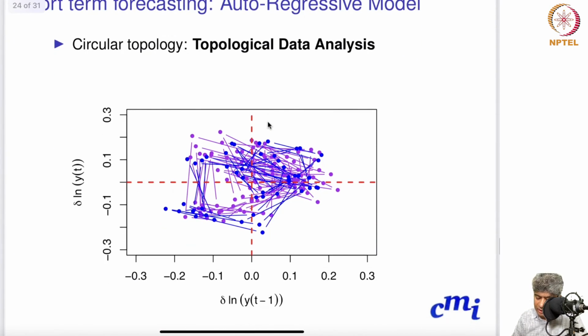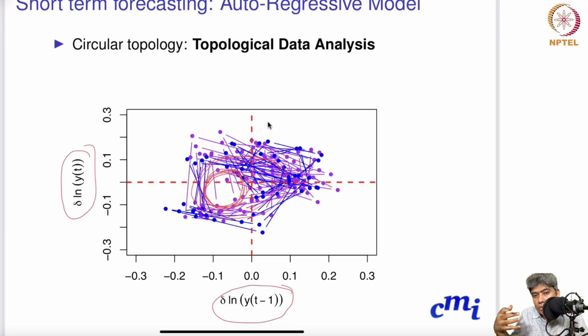And then here what I have done, I have plotted the delta log yt minus 1 and delta log yt. And what we are finding is there is a circular hole in the data. This effectively shows how the seasonality is affecting it, there is still decent seasonality, and this is typically called a circular topology, and this falls into the category of topological data analysis.